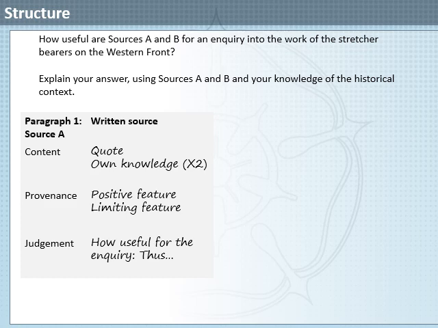So our paragraph will firstly look at content. We're going to quote, and then we're going to use our own knowledge to analyse that quote, and we're going to do that twice. Then we're going to look at the provenance of the source, and remember we're going to weigh it. So we're going to have a positive feature and then a limiting feature of provenance, and then we're going to pull things together with a short judgment.